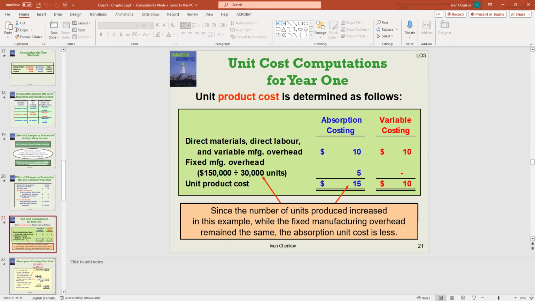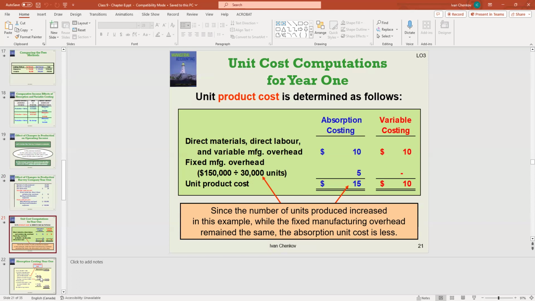But under absorption, we still want that fixed manufacturing overhead cost per unit to come up with the cost per unit. As you can see now, compared to the first example, since we're producing 30,000, our unit product cost is $1 lower per unit, correct? In the previous case it was $6, now it's $5.